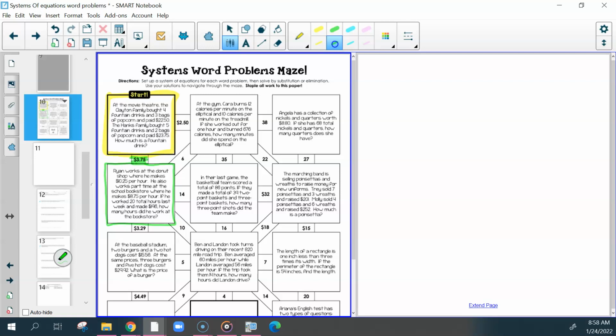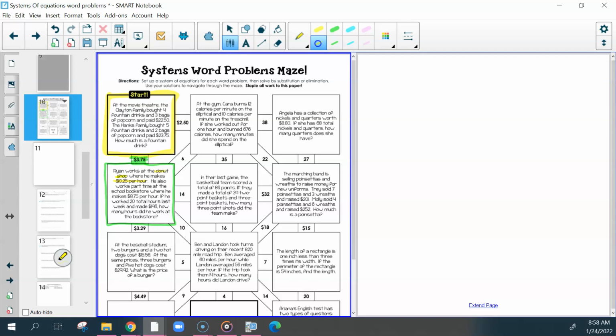What did we find was important here? Your numbers.